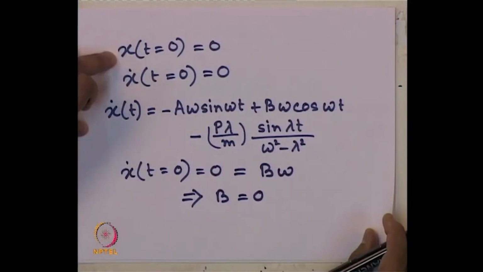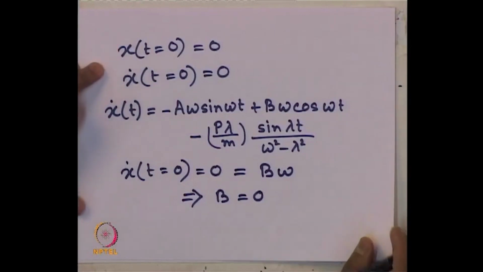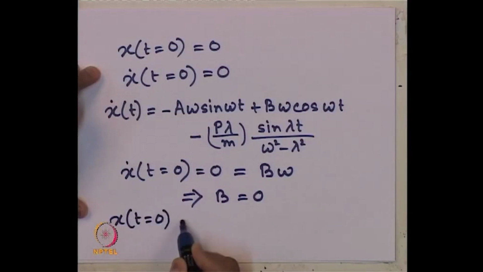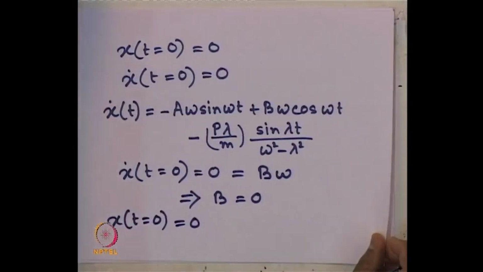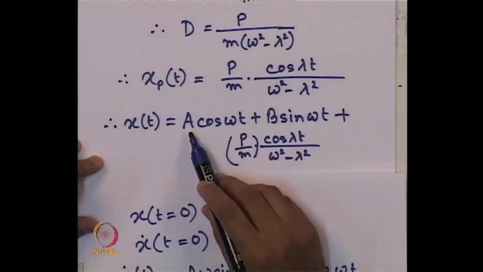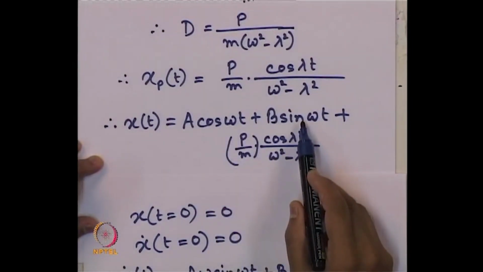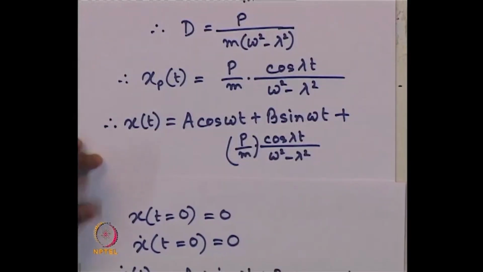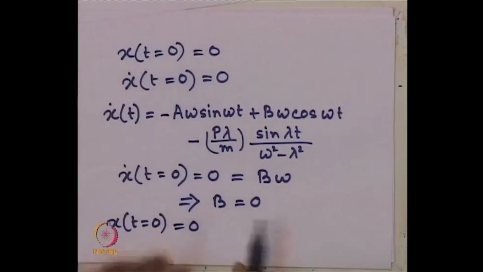And now, if we put the first condition of displacement equals to 0 at t equals to 0, what we will get? X at t equals to 0 is 0. Let us look at the solution once again. This remains a, this vanishes, this remains p by m omega square minus lambda square, right. So, let us write it.